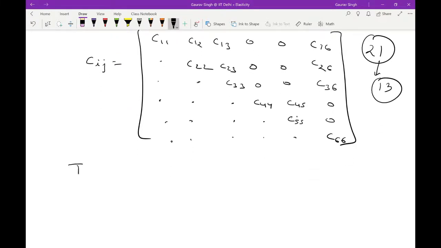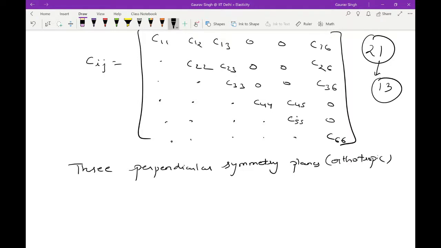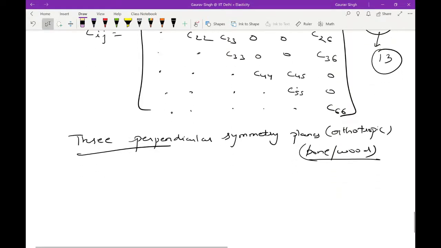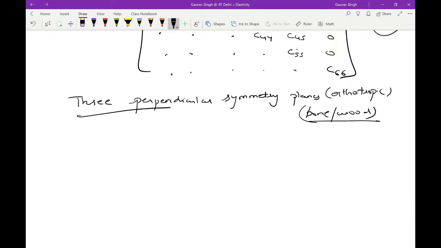Now if you have three perpendicular symmetry planes, which is an orthotropic material, this is the class of material which is like bone or wood, very commonly classified as orthotropic material. Okay, now how do we have to proceed? First of all, you should be able to visualize what the three planes are.